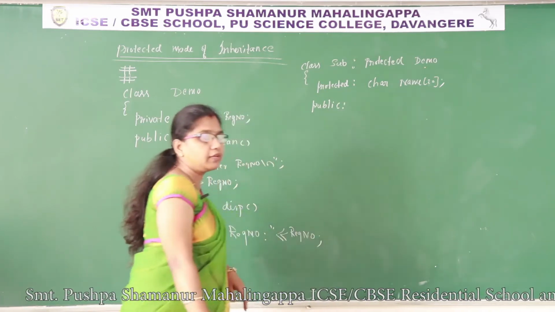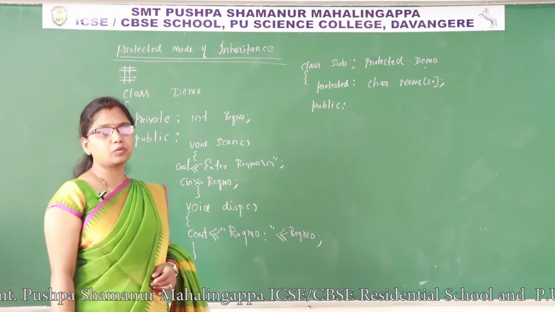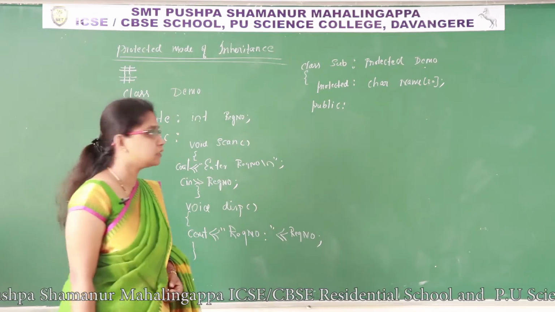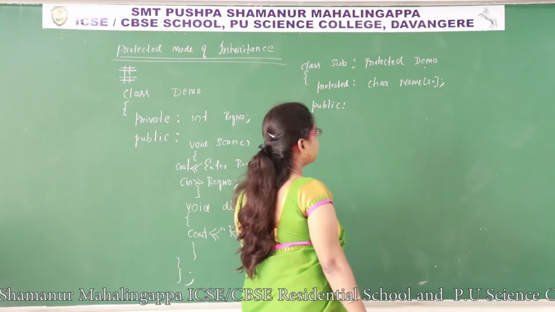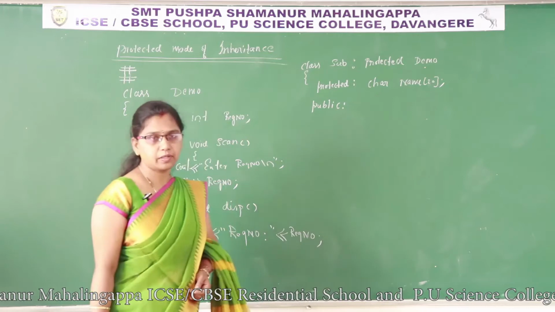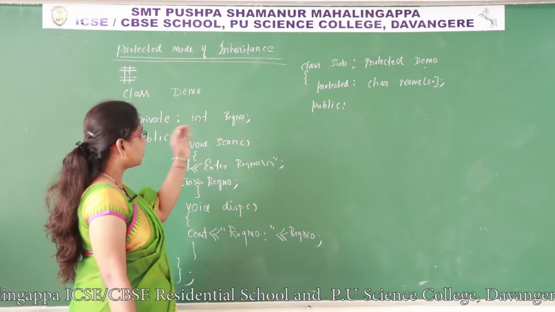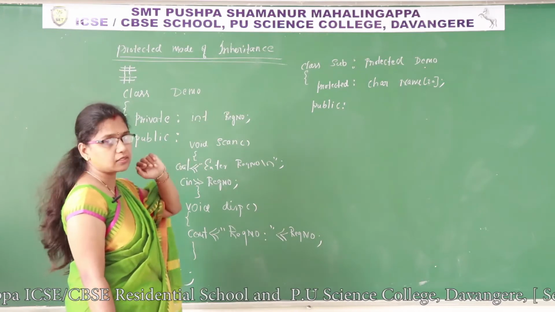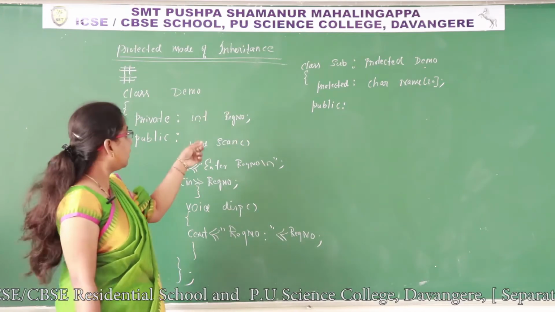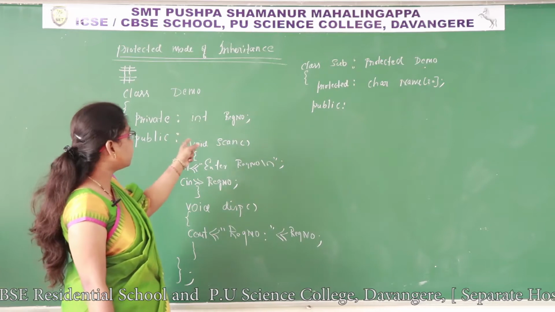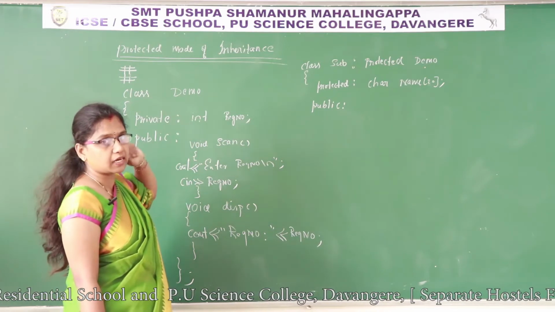A class's private and protected members are accessed through the member functions of that class. So name is a protected member of the derived class sub. Sorry, name is a data member of the class sub; it is a protected data member. And regno is a data member of class demo, that is the base class.